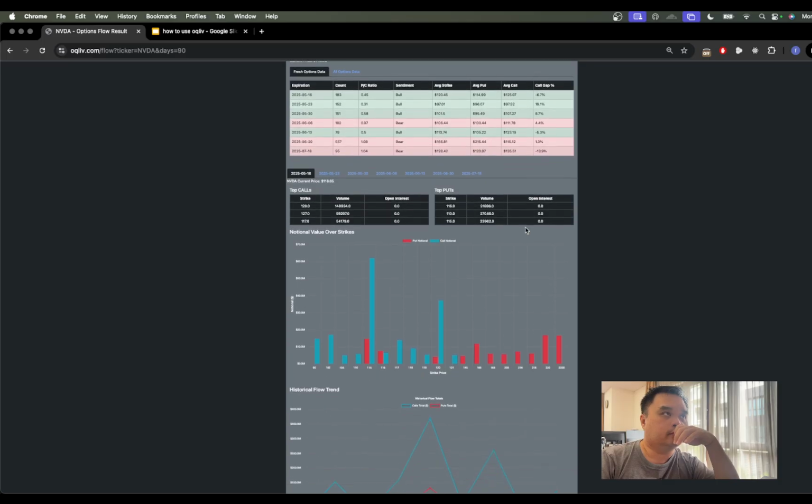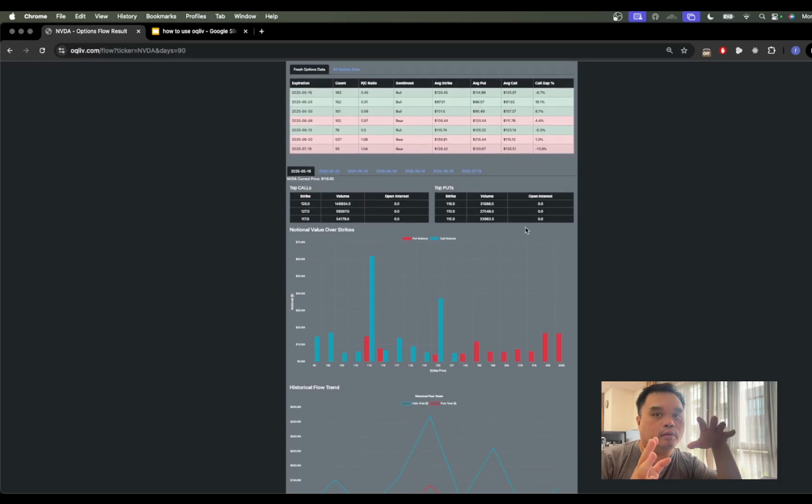All right, another panel that the majority of you will be using is this table over here. It shows the expirations of May 16, pretty much a week from now.